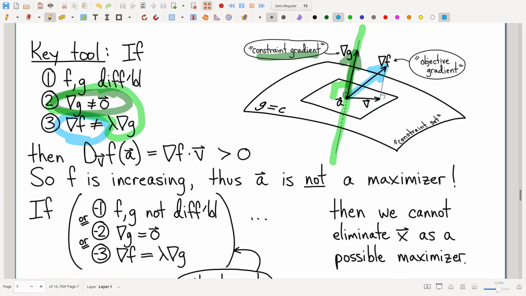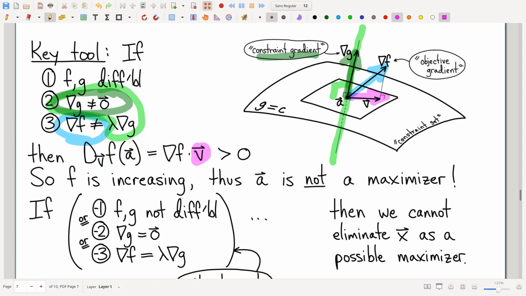Right, so if these three conditions are satisfied, in other words, if I have this picture, then again I claim, you can even just glance at the picture, there's absolutely no way this could be the maximizer we're looking for. Couldn't be. Check it out, the function's increasing as you go that way. Now I'm not allowed to go that way. I have to stay on my constraint set. But I can certainly go somewhat in that direction.